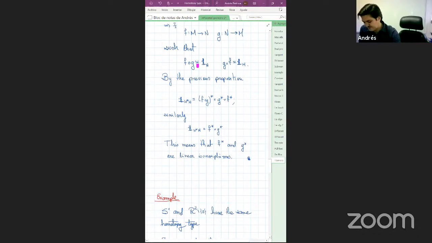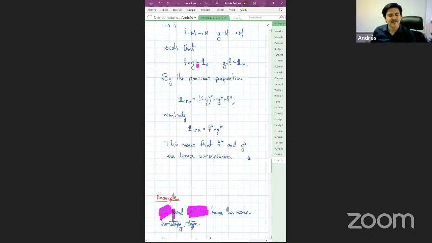Okay, so let's see this example. Now, I'm not going to use the winding number anymore, so I put R2 instead of C. And the first thing that you have to notice is that this is a smooth manifold of dimension 2, and this is a smooth manifold of dimension 1.